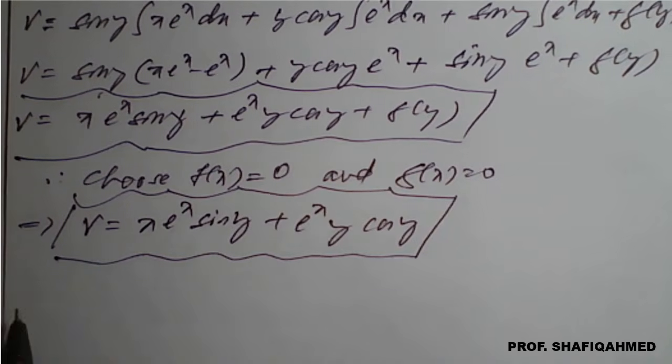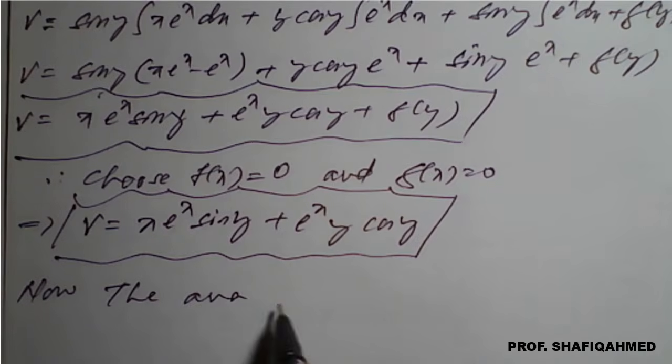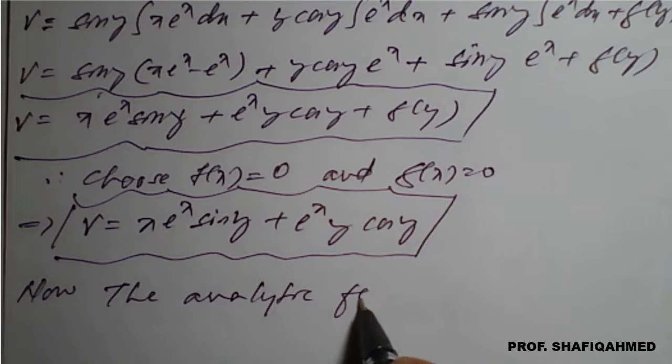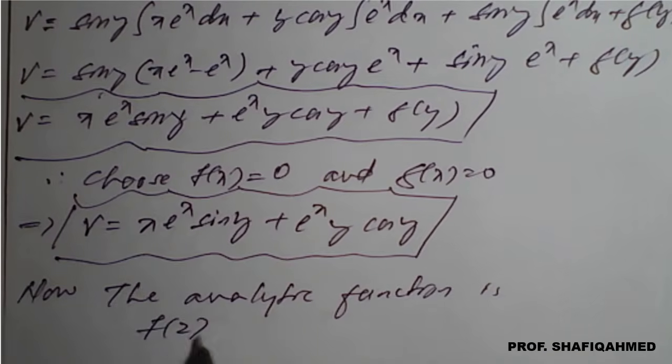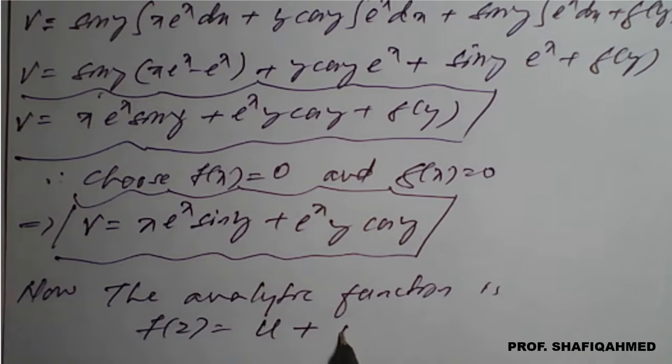analytic function. So now the analytic function is, that is f of z is equal to u plus iv.